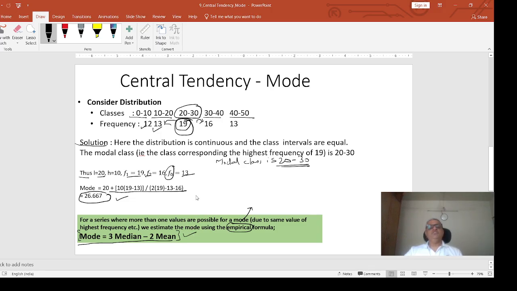Most distributions have this relationship, and as I said, it has no mathematical evidence, but it's a kind of pattern that comes out, and that pattern is mode is equal to 3 median minus 2 mean.